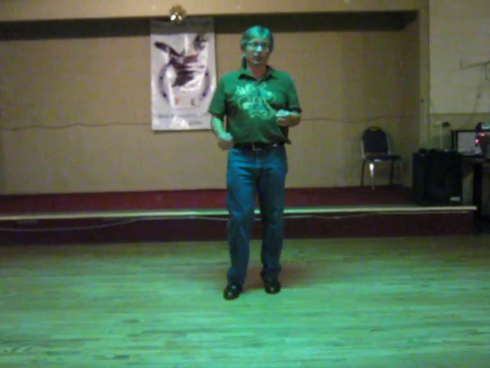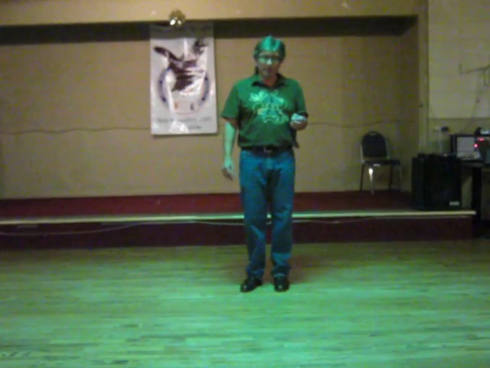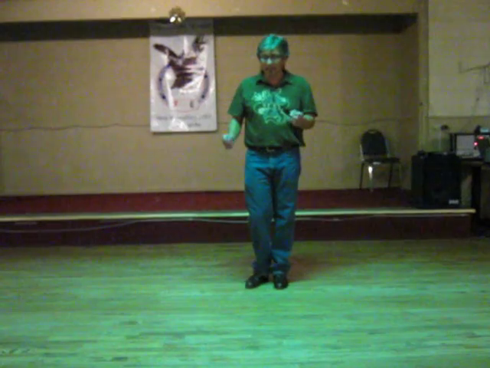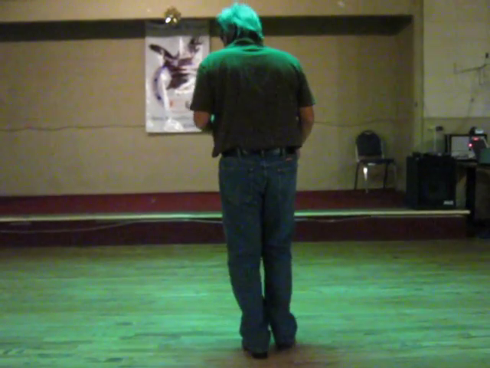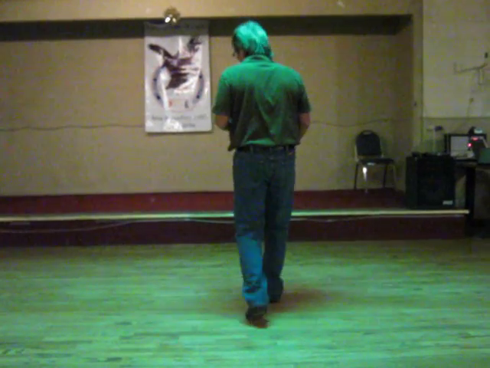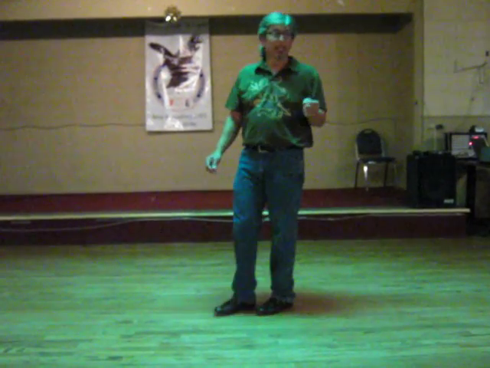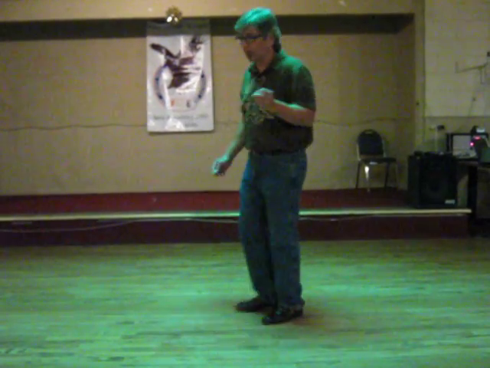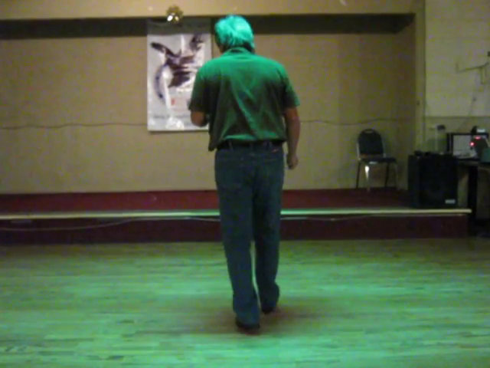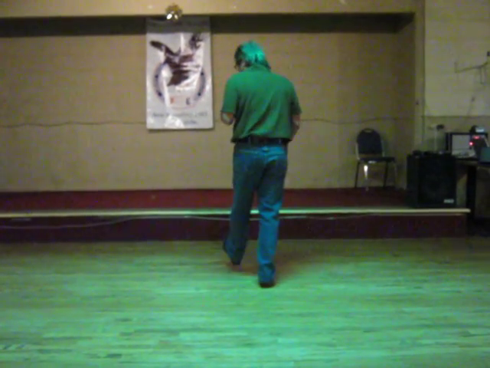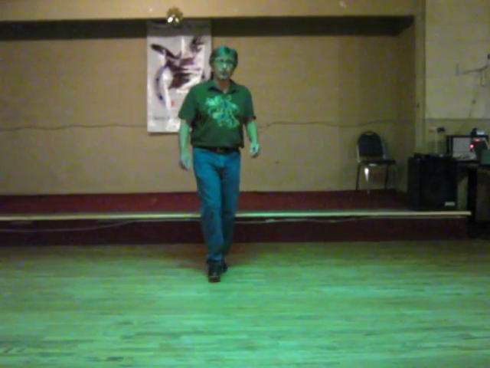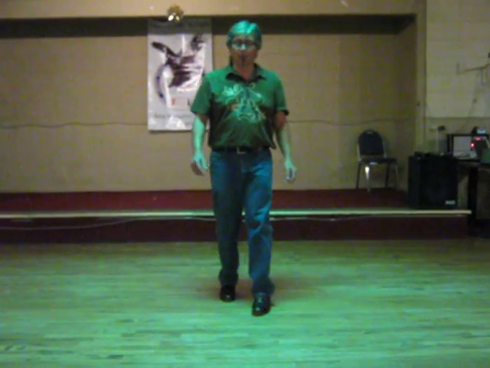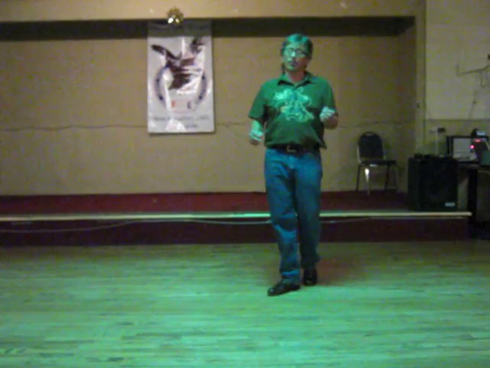The other thing that we use a lot of is what we call a shuffle step. If we're going forward with the right on the shuffle, you're going to step right, together, right. It will normally be 3 steps and 2 counts. So it'll be 1 and 2, or left, 3 and 4. Going to the right, 1 and 2, 3 and 4. I've heard them called chassés, shuffle steps.